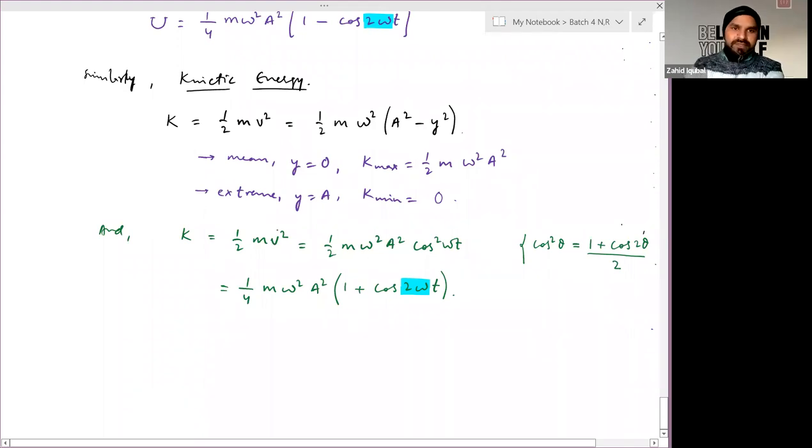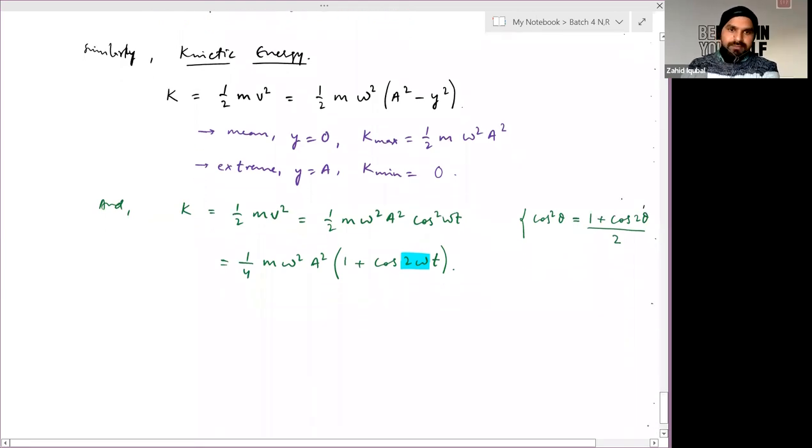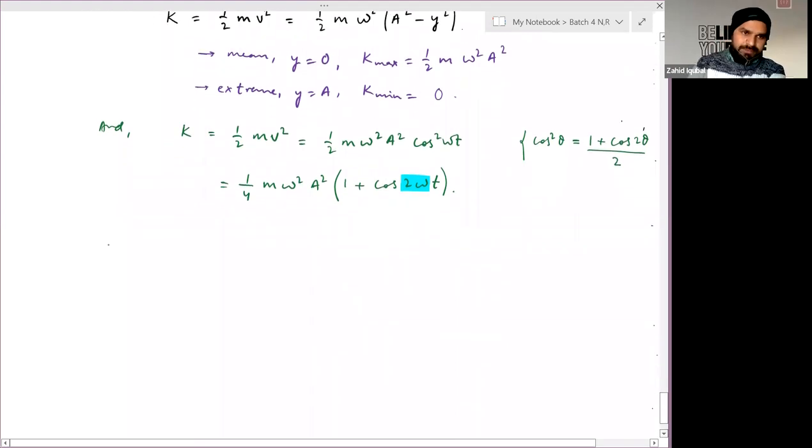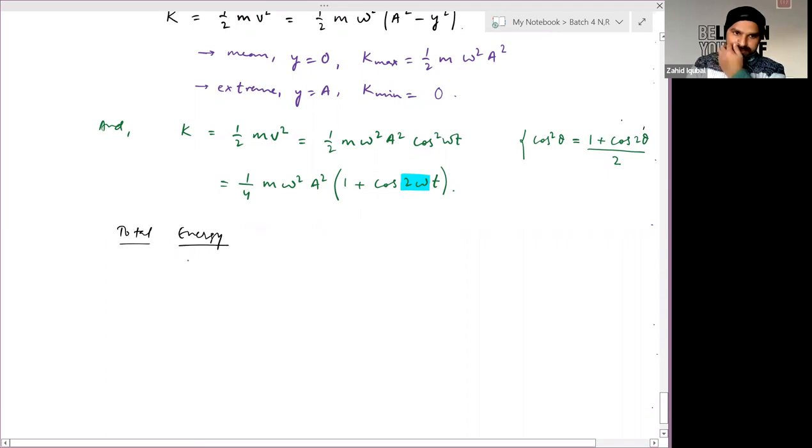So in last class, I had defined you about energy, potential energy and kinetic energy up to this part. Next, if you add these two terms to get total energy, total energy E is equal to kinetic energy plus potential energy.